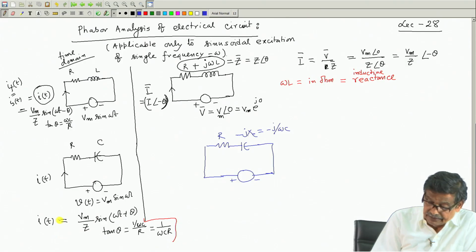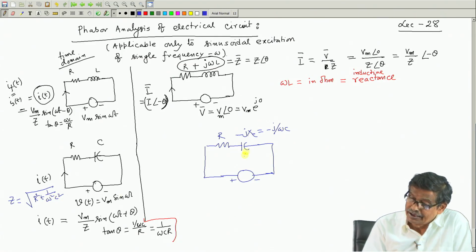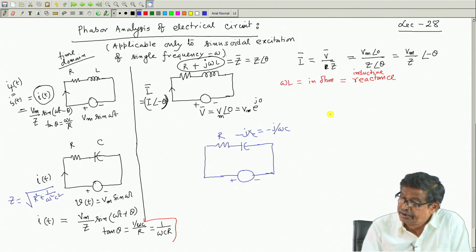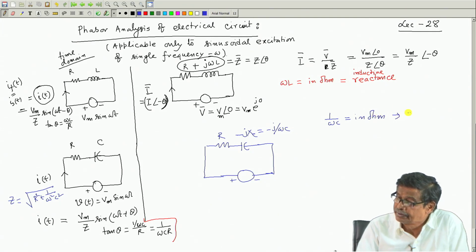What is Z here? Z here will be equal to square root of R square plus 1 over omega square C square. So, 1 over omega C is of dimension ohm, and it is called capacitive reactance.